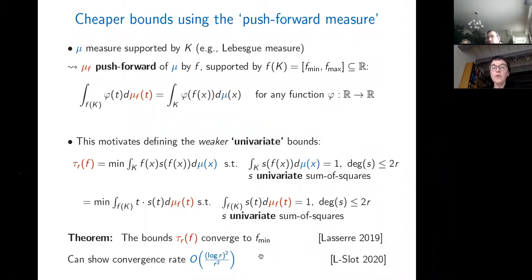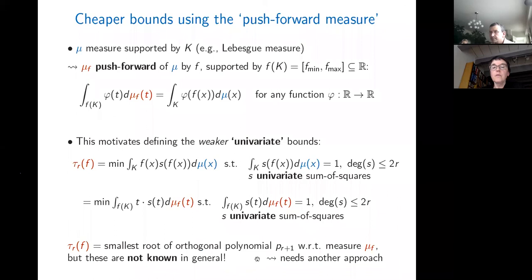And so how would you do such a thing? One thing you could think is that these bounds are reformulated as minimizing t. That's a univariate problem. Now you want to minimize t over f of K. So it's a perfect univariate problem with respect to the measure mu F, which is a push forward measure.